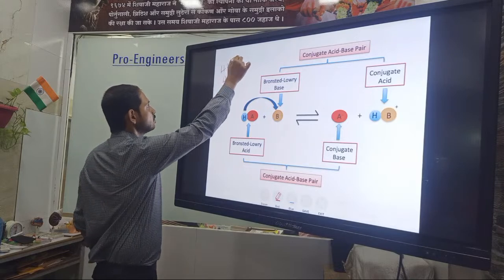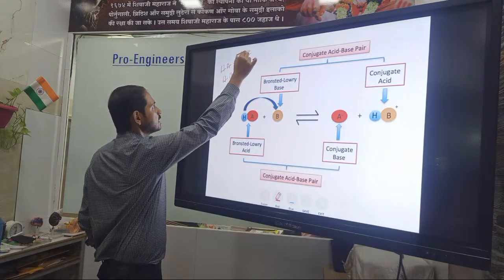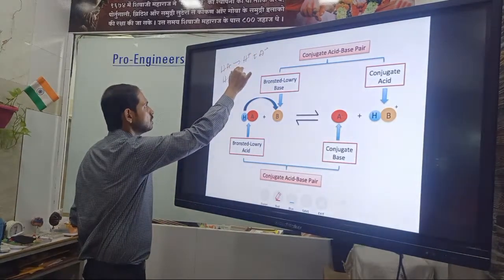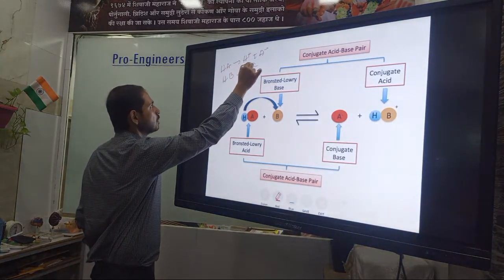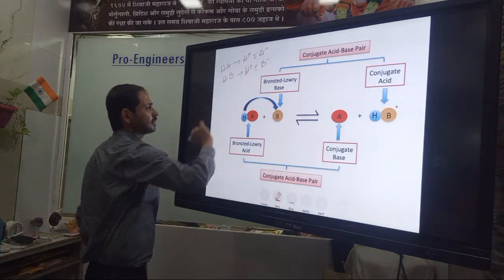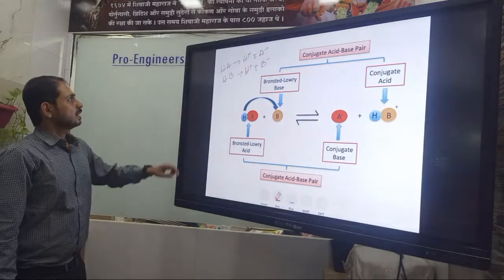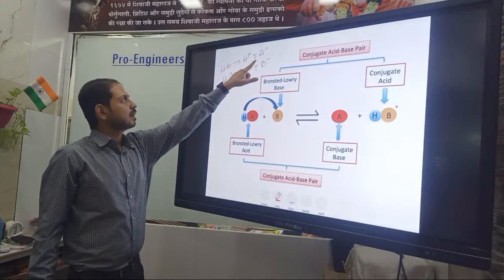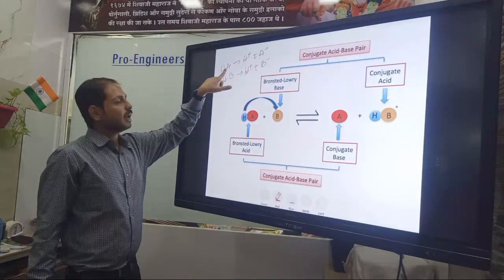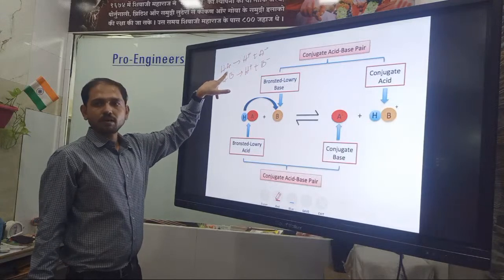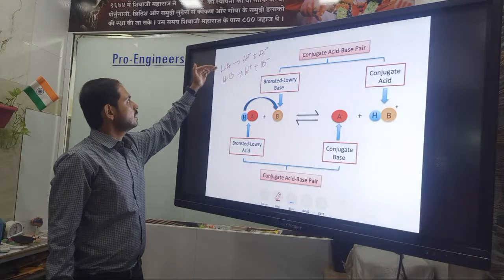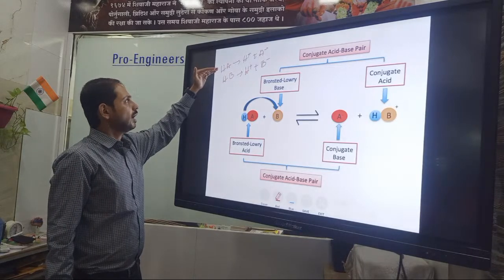When HA dissociates, it will give H plus and A minus, and when HB dissociates, it will give H plus and B minus. HA is the acid, HB is also an acid, A minus is the conjugate base of HA and B minus is the conjugate base of HB. If we want to compare the acidity of HA and HB, how will we compare?